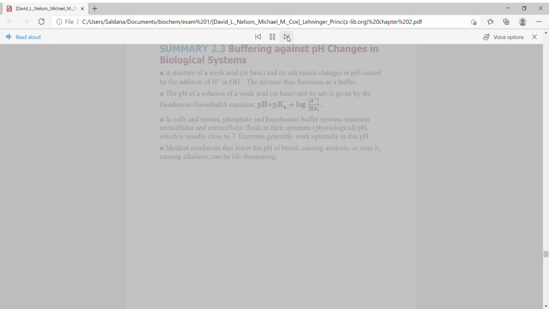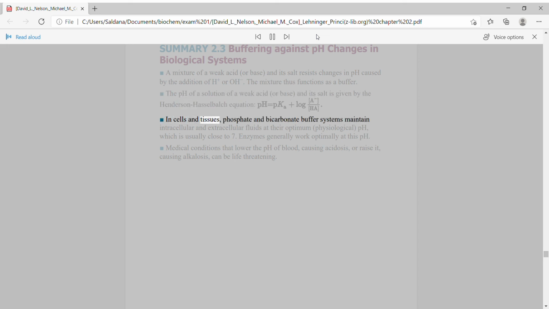Summary 2.3: Buffering against pH changes in biological systems. A mixture of a weak acid or base and its salt resists changes in pH caused by the addition of H+ or OH-. The mixture thus functions as a buffer. The pH of a solution of a weak acid or base and its salt is given by the Henderson-Hasselbalch equation.